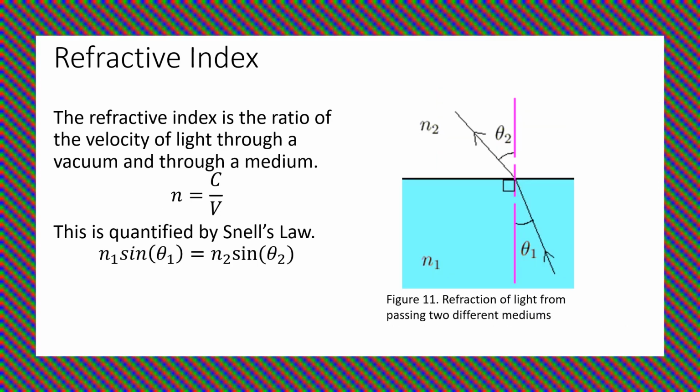What is the refractive index? The refractive index is the ratio of the velocity of light through a vacuum and through a medium. This is given by n equals c over v. We can quantify this using Snell's law, and Snell's law is n1 sine theta 1 equals n2 sine theta 2.